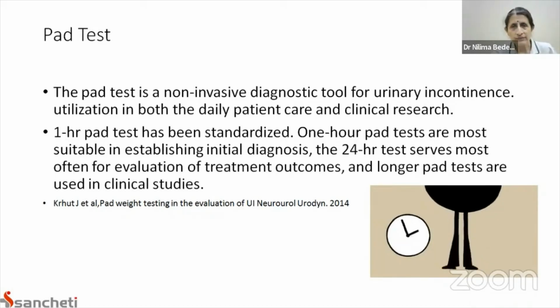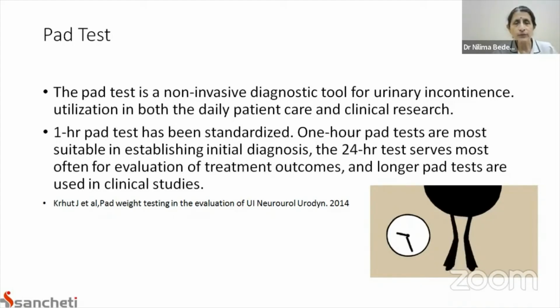Then she does those activities which provoke the leakage, like coughing, going up and down stairs, bending, and depending on the age and activity, jumping up and down. So whatever activity leads to the stress or the leakage, the person does. Or washes hands with cold water, or enters a cold room. Whichever symptoms the person experiences, the pad test is taken.